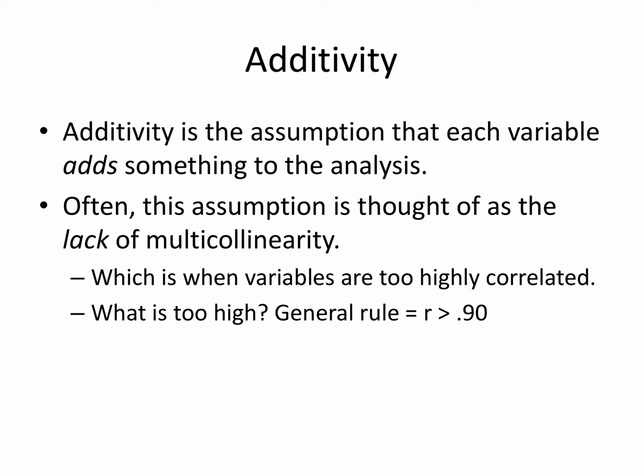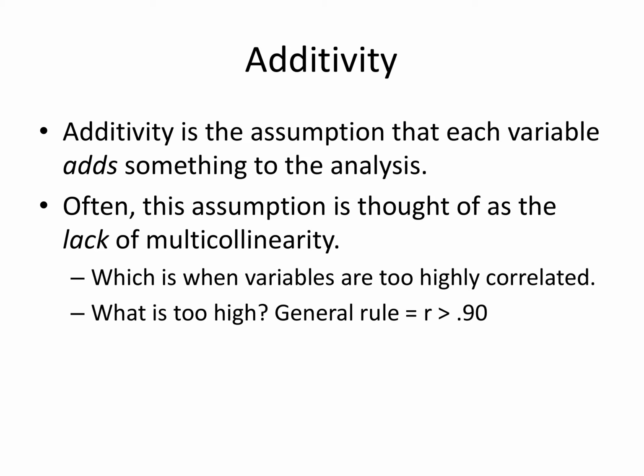Multicollinearity is when variables are too highly correlated. When they're that correlated, they're not each adding something to the equation. You're wasting your time because you've got 2 variables that basically tell you the exact same thing. When 2 or more variables are too highly correlated, it's no longer useful. It's no longer additive because each variable tells you the same answer more than once.